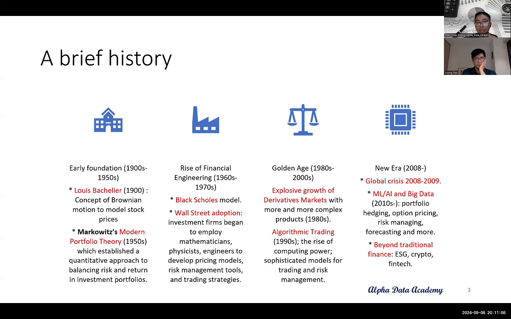And maybe in this history, the second building block that I would like to mention here is the rise of financial engineering during the 60s and 70s. Maybe we start first with the Black-Scholes model, which became a very fundamental model that has been used everywhere in the quantitative finance world, right?